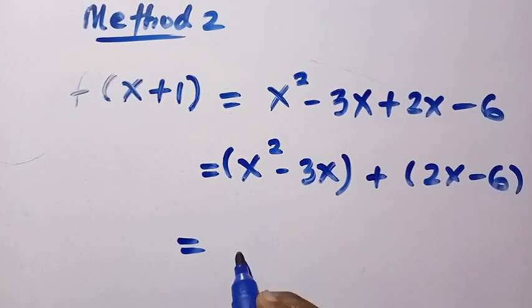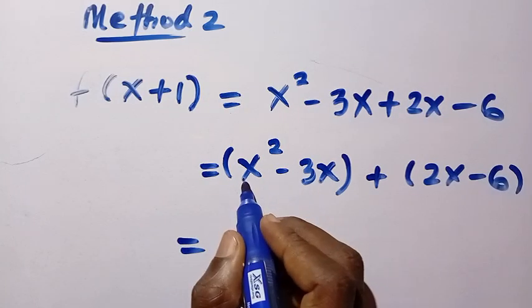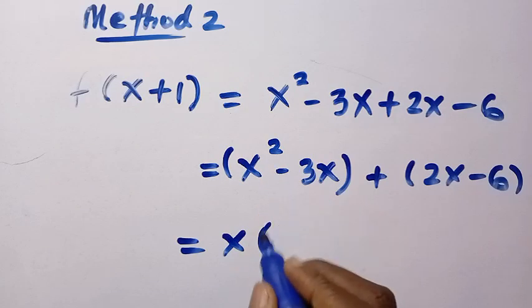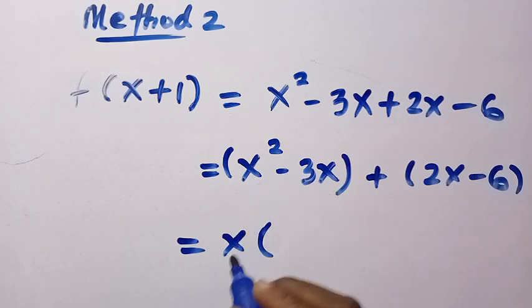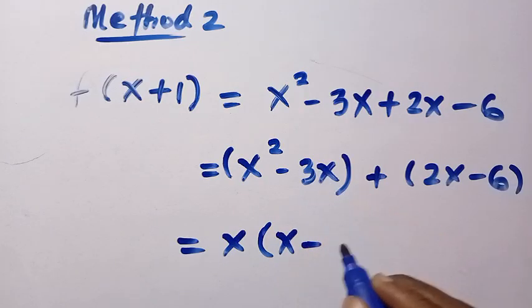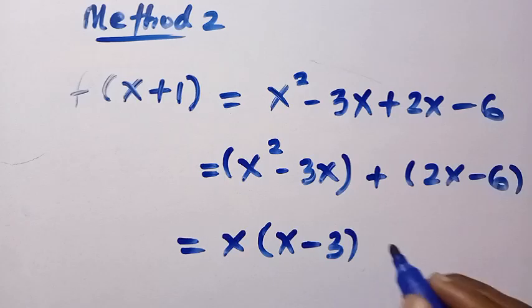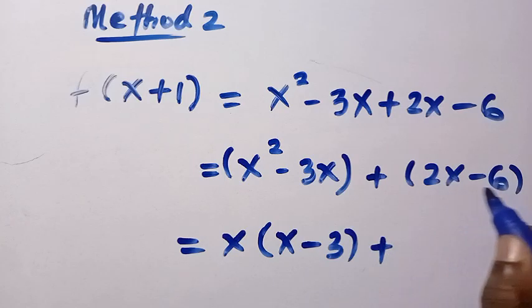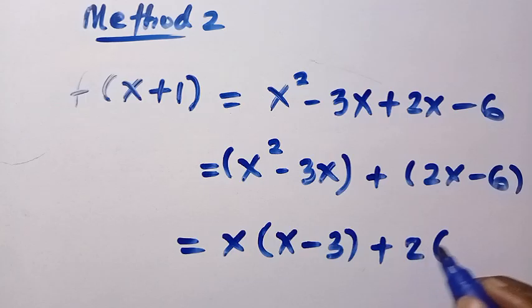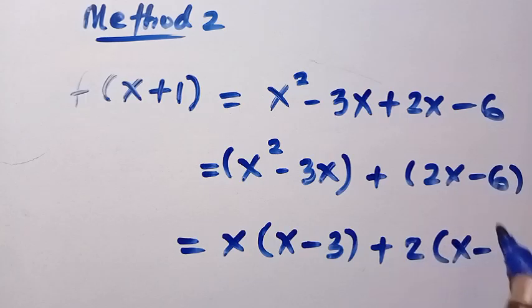For this, we have a common term, which is x. By factoring out x, when we divide x squared by x we get x, then minus, dividing 3x by x, we have 3. For the second group, by factoring out 2, we are left with x minus 3, since 6 divided by 2 is 3.